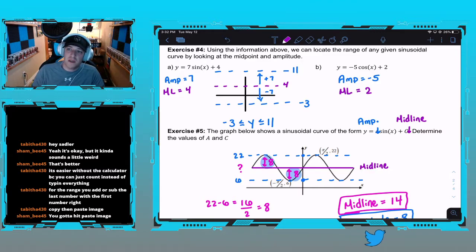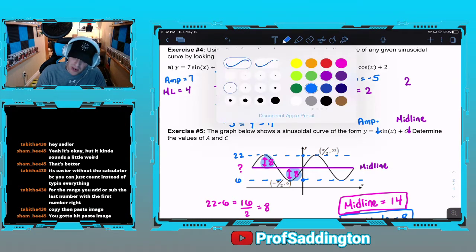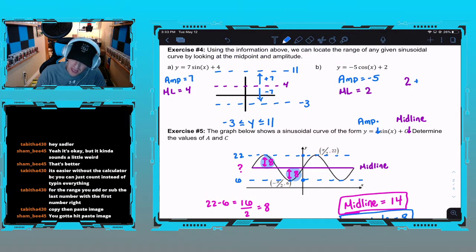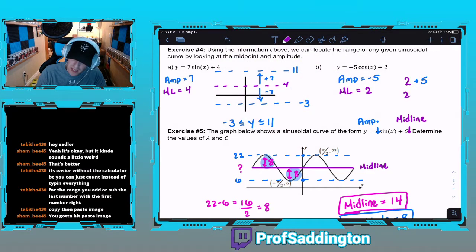Based on what we did in the picture, you have to start at the midline, and you have to add on the amplitude. So I'm going to add on 5. I'm also going to start at the midline, and I'm going to subtract the amplitude. So I'm going to subtract 5.